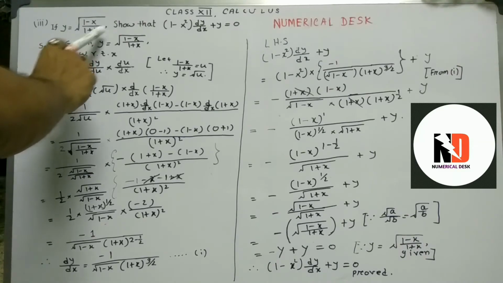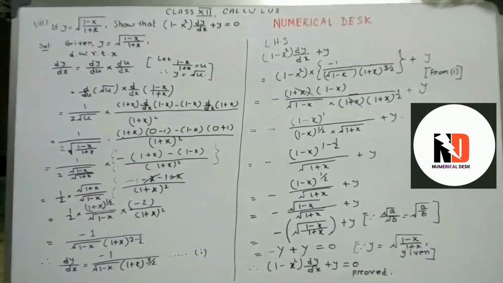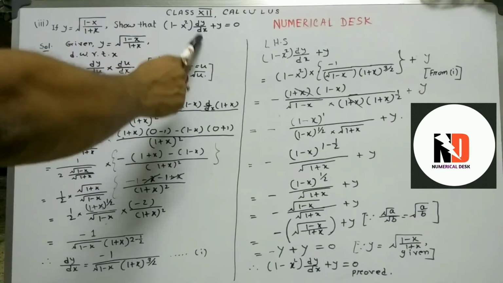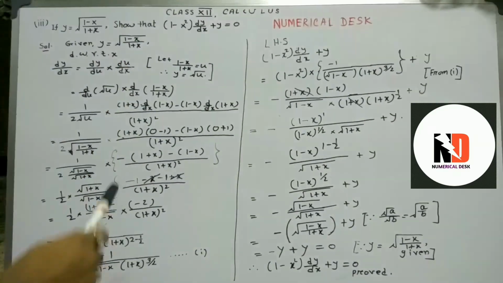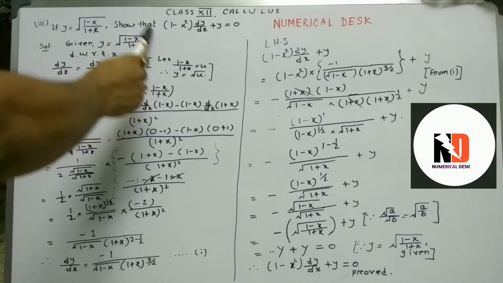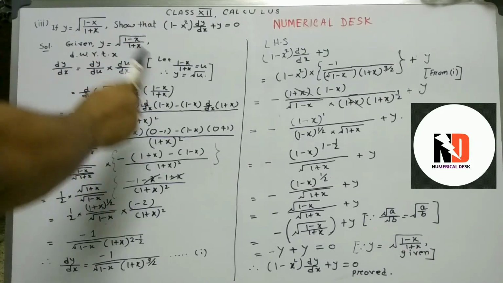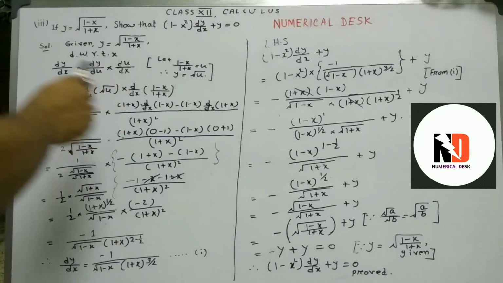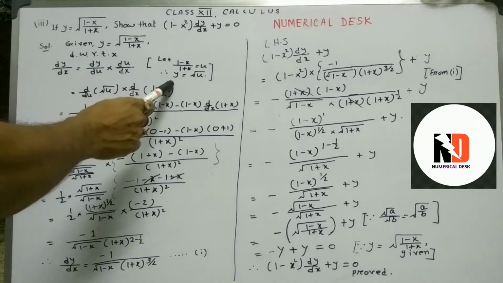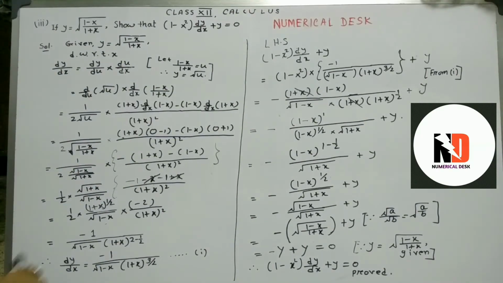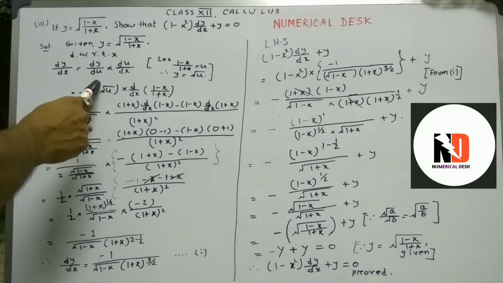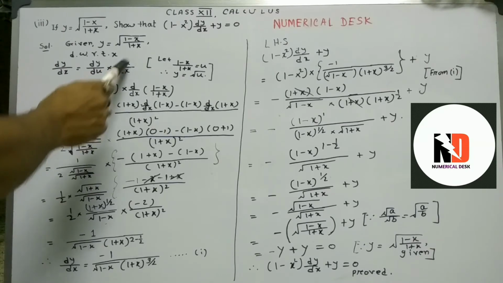This is y equal to root over 1 minus x by 1 plus x. We have to prove that 1 minus x square into dy by dx plus y equals 0. Now see, y equals root over 1 minus x by 1 plus x. Again, it is not in standard form, so we suppose that fraction is equal to u, so it becomes easy.